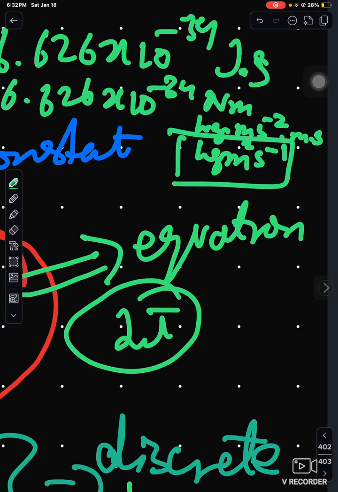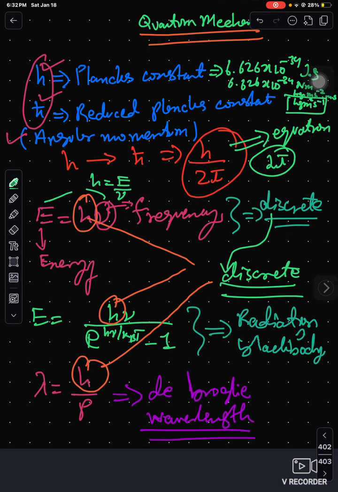This is the base unit. And the reduced one is 1.055 times 10 to the power minus 34.